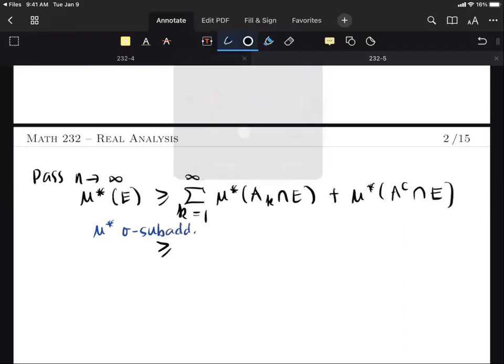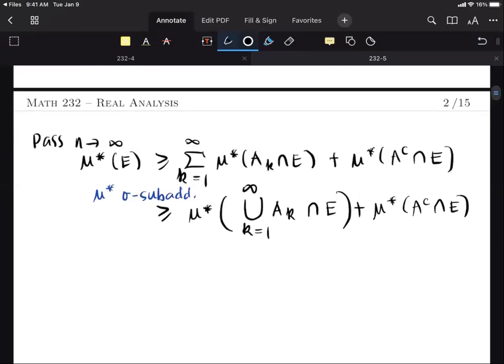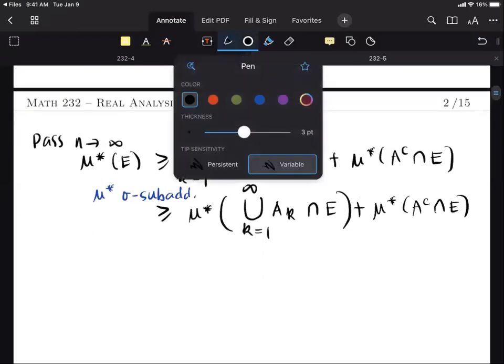So the sum of the outer measure is greater or equal to the outer measure of the union. So that is for the first term. The second term is as is.